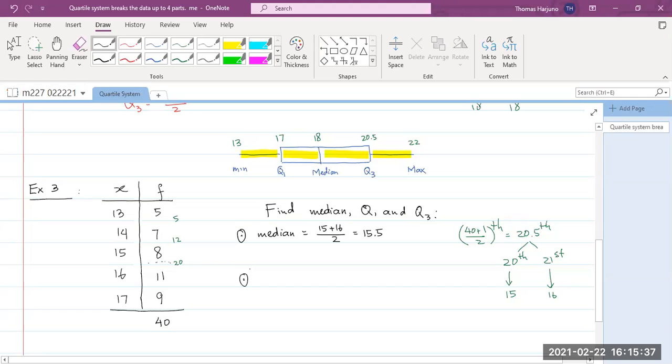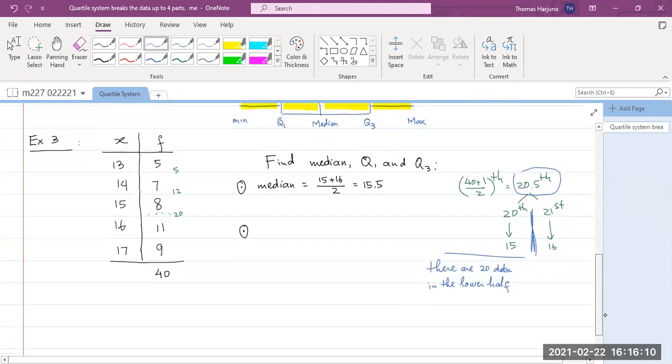Now, because the median is data number 20.5, between the 20th and the 21st, right? It means there are 20 data in the lower half, and also in the upper half.